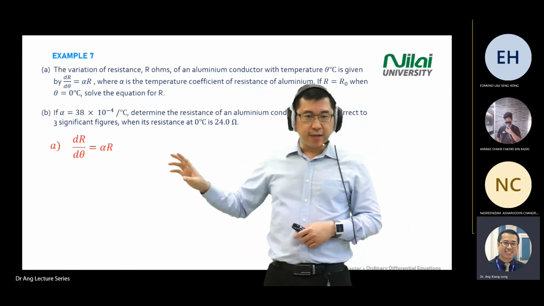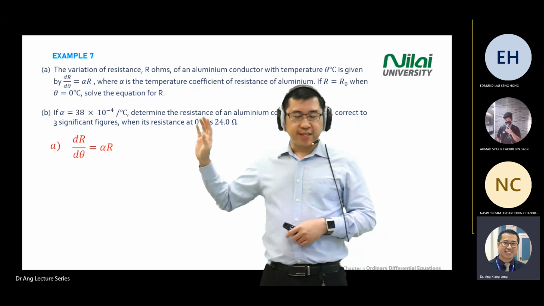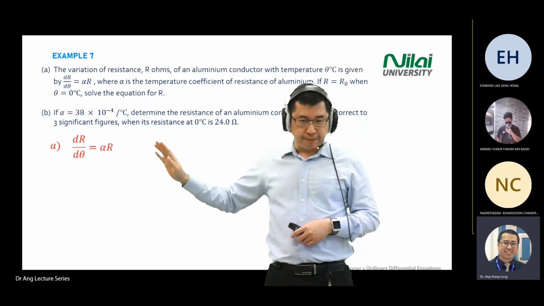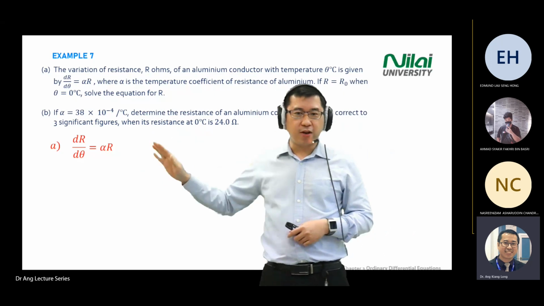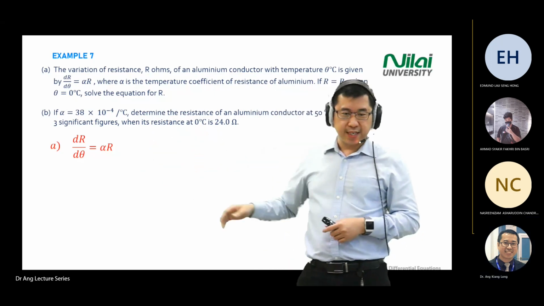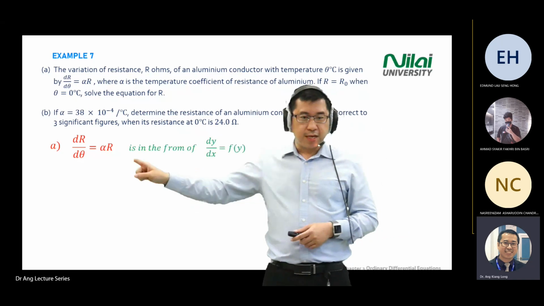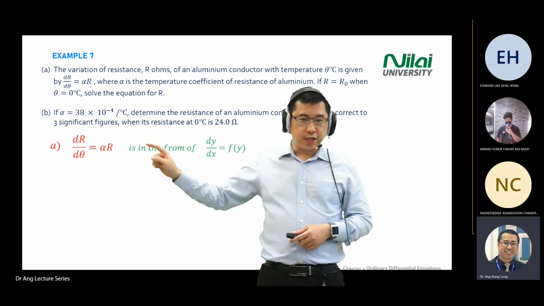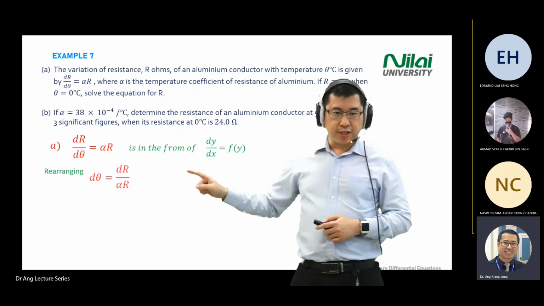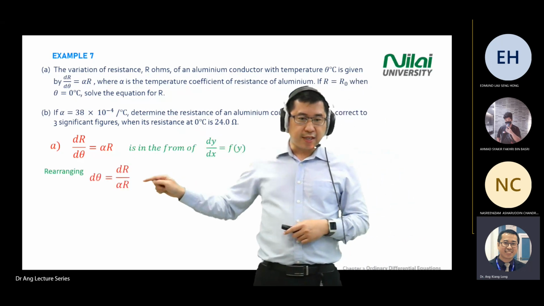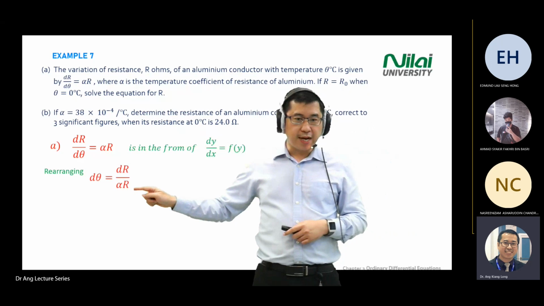The second step is to move the same parameter to one side, for example all the y into the left hand side, all the x into the right hand side. So this one, you rewrite the red colour equation in the form of this one. Rearrange it and you get d theta equal to dR over alpha R.